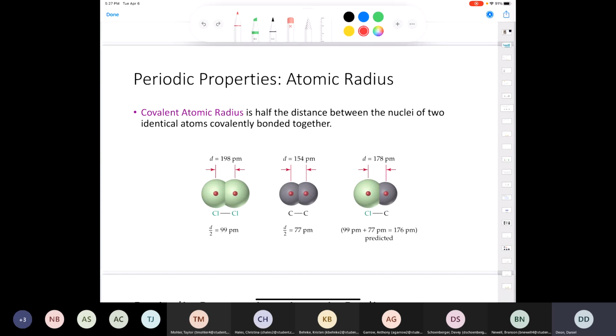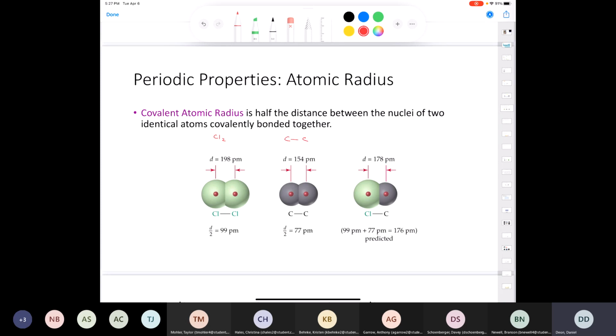But when we have a covalent bond between two atoms, whether they're the same or different, we can calculate atomic radius when we have two nuclei of identical atoms that are covalently bound together. So let's say you have a dichlorine molecule, which is Cl2, or let's say you have a bond between two carbons in a molecule.